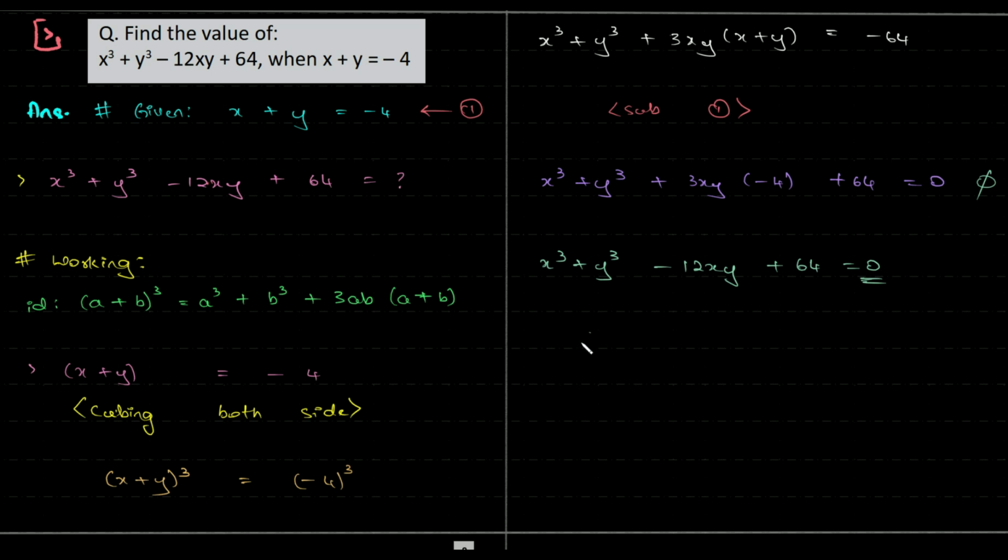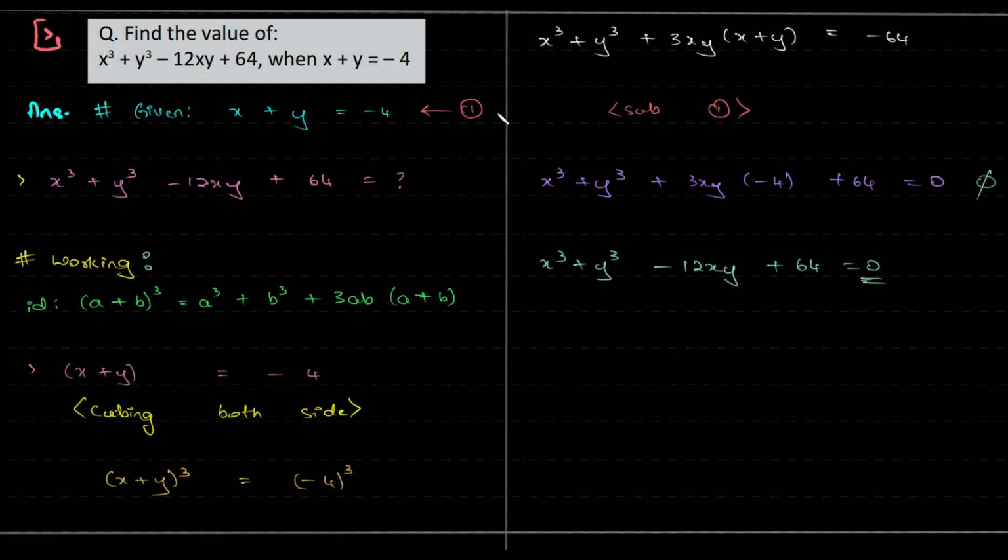Find the value of, and the value is 0. Done. Right guys, again, I didn't know how to go about doing this. It's obviously not that clear. I got confused. Why is this 64 there, and what is all of this doing, and so on. All I did was take up the expression which I knew for sure it's relating to, a plus b the whole cube.